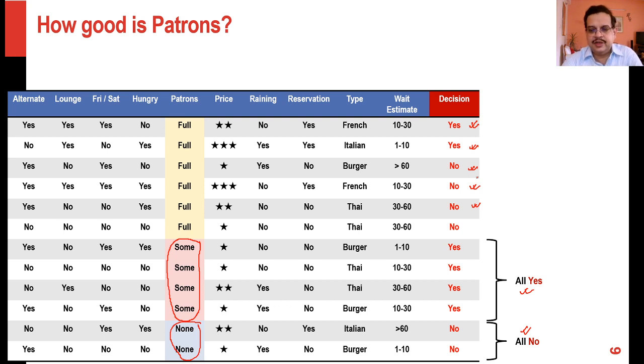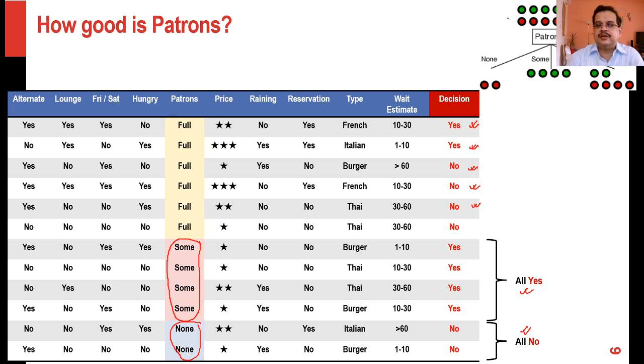So if you look at this in a different kind of notation, then you can see that initially in my data set my greens are yeses and the reds are no. So if you look at the data set at the beginning, there are 6 yeses, that is 1, 2, 3, 4, 5, 6 yeses, and there are 6 no's.